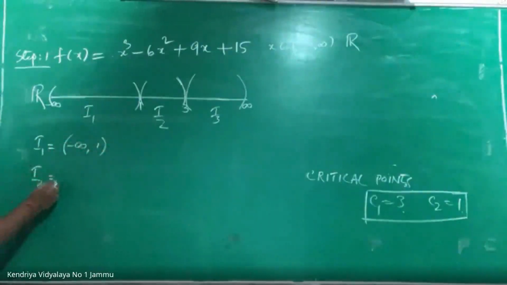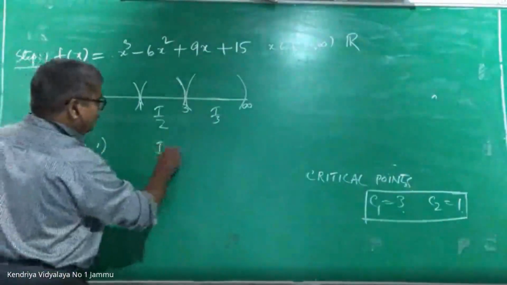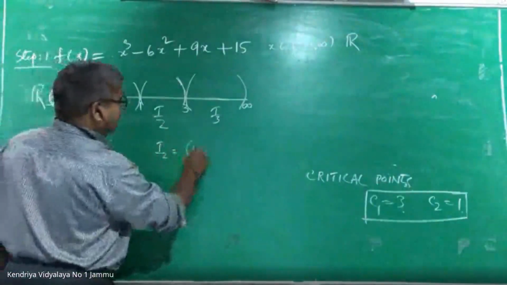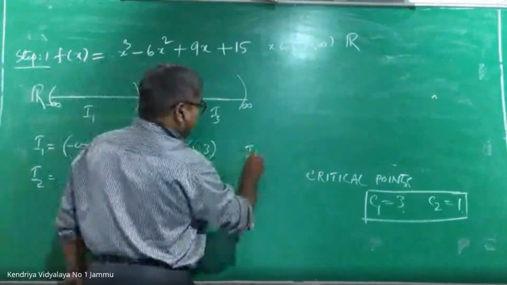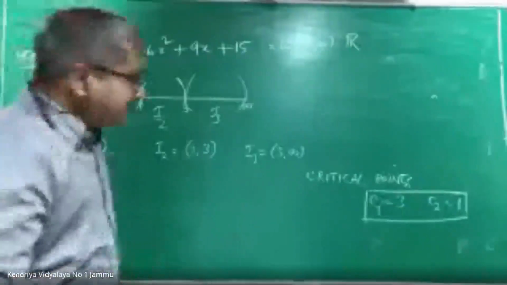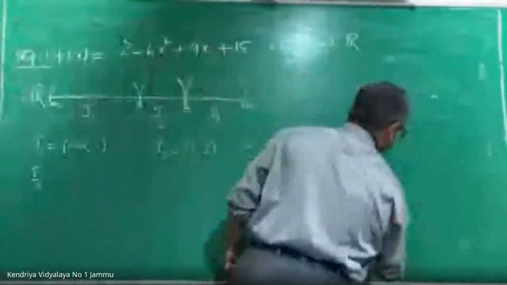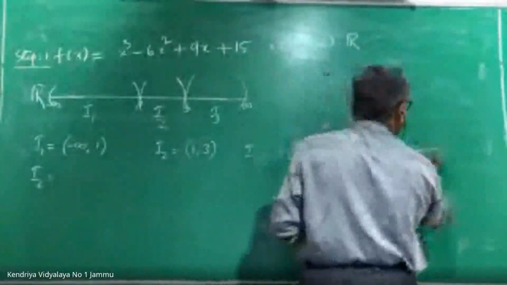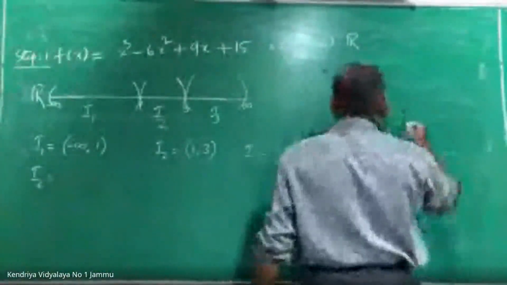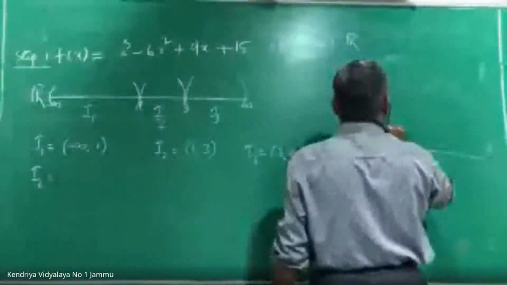I2 is equal to 1, comma 3. And I3 is equal to 3, comma infinity. After getting these values, what exactly appears? The graph of the curve. It is only an imagination, it is not accurate. It is like this. I have drawn a curve.